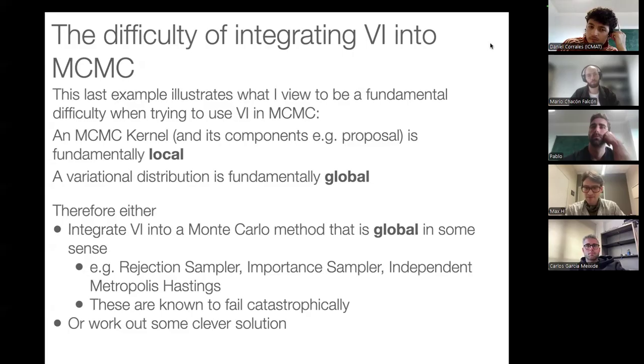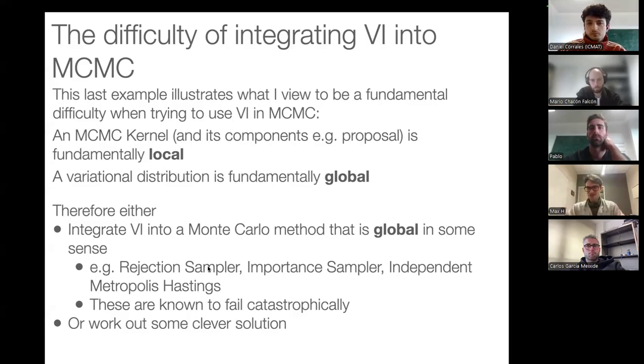Therefore, either we have to find Monte Carlo methods that have some kind of globality to them. So for instance, I'm thinking about things like the rejection sampler, where you have some proposal distribution that doesn't depend on a previous state in the Markov chain. It's just a distribution, and you want that distribution to look like the target distribution.